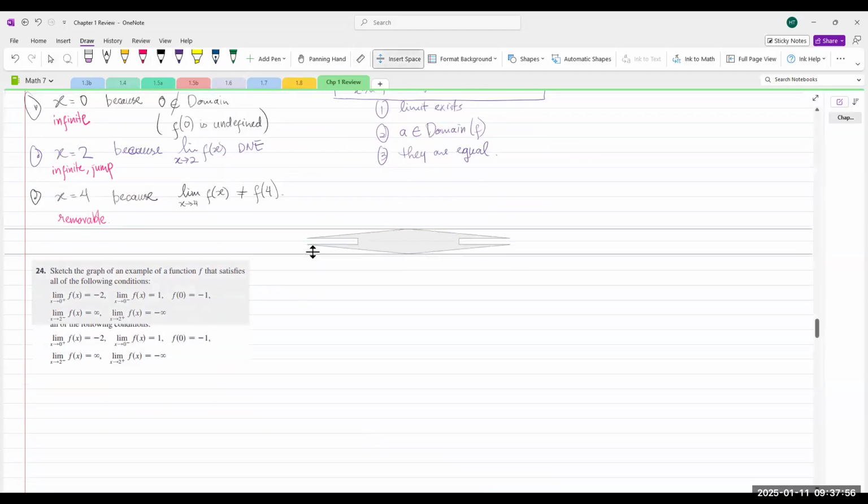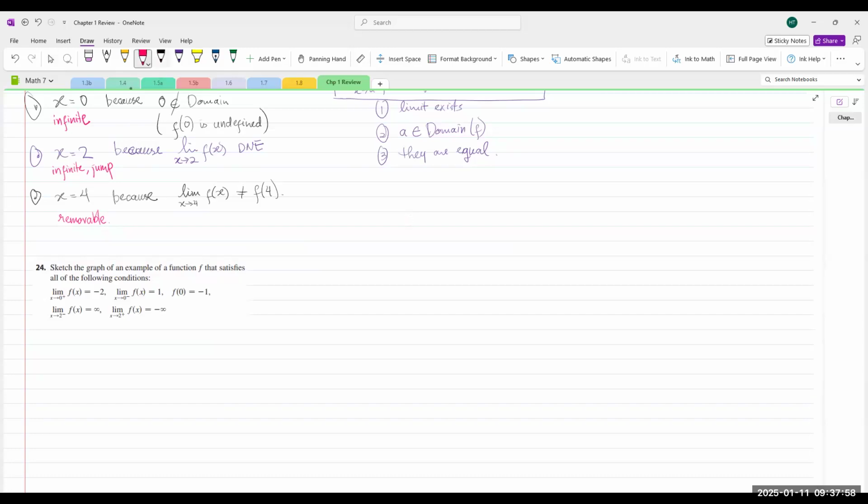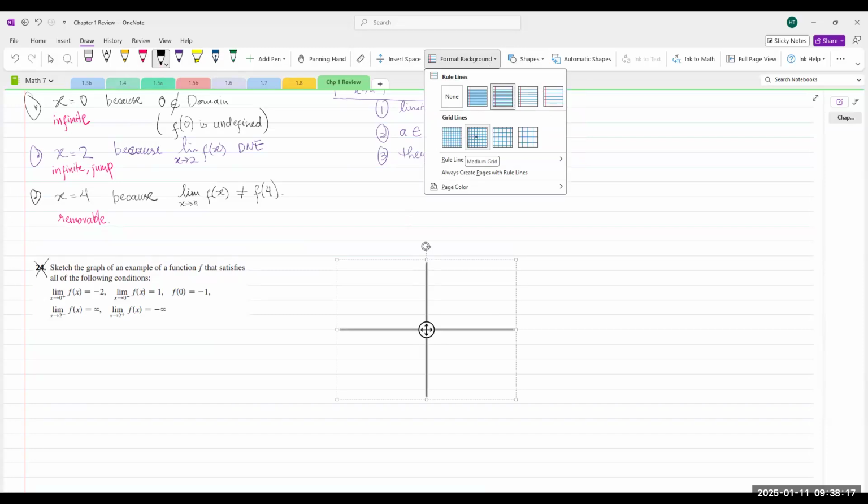Number 24, not really my type, but still good to know. Sketch the graph of an example of a function that satisfies all the following conditions. Let me change this into this.